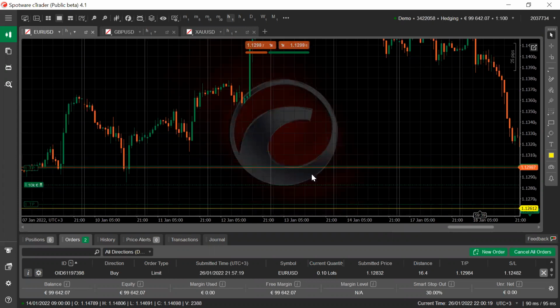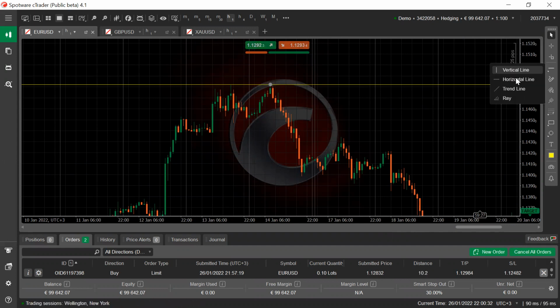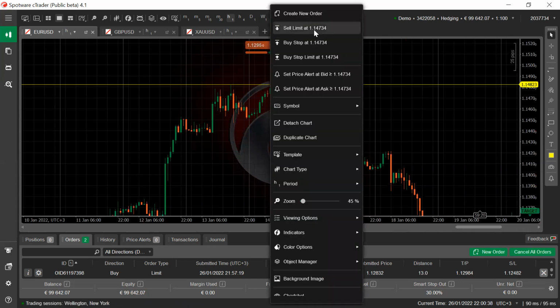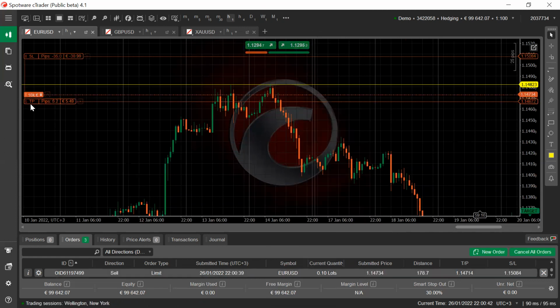However, for these highs, supply zones, same thing. You mark that, and then you figure out where your trade would be, right there. Sell limit, and this, you move 15 pips.